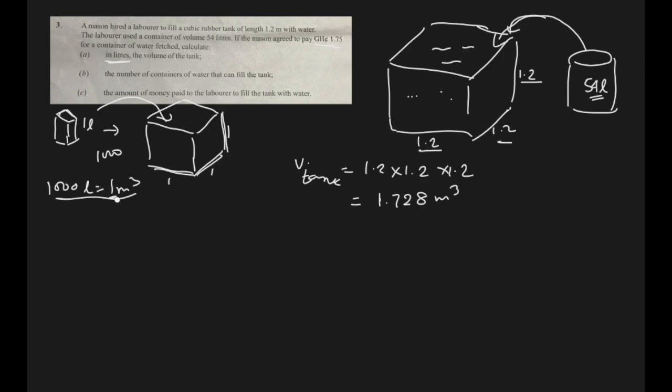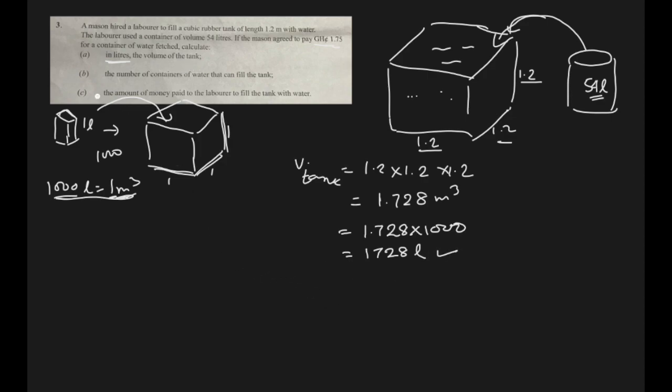That means every 1 meter cube is 1000 liters. So it becomes 1.728 times 1000, which comes out to be 1728 liters. Okay, so that was the question: in liters, find the volume of the tank. So this is the answer.